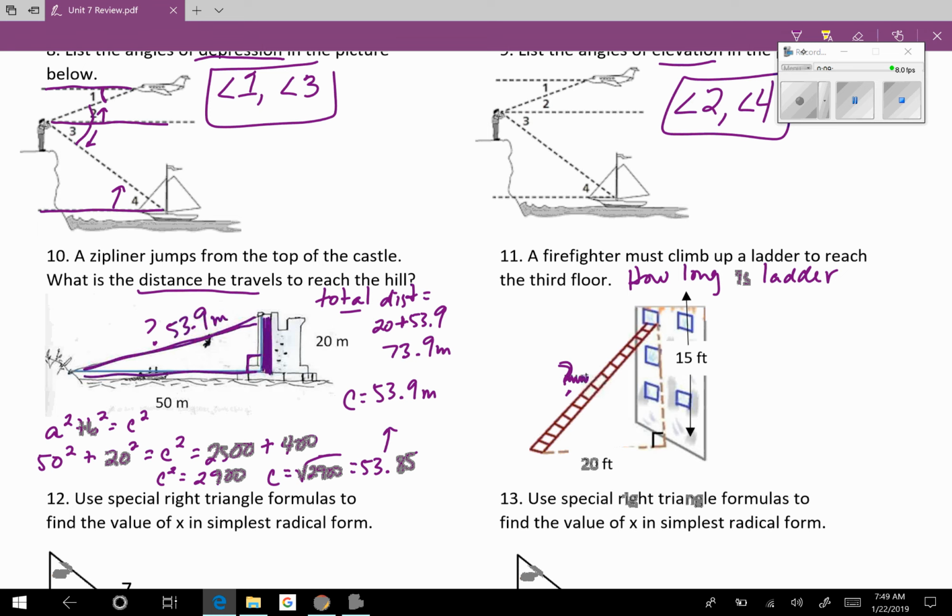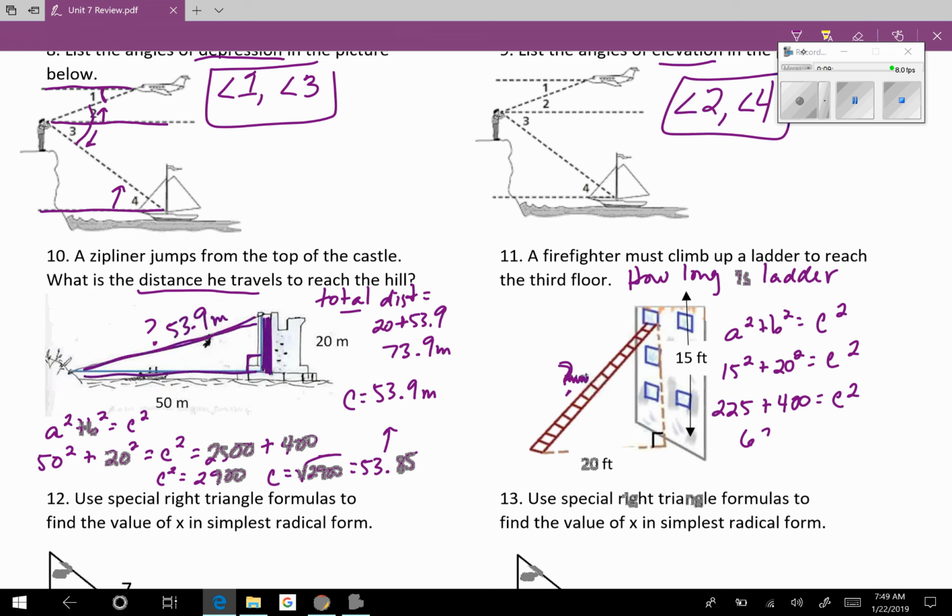We use Pythagorean theorem. So a squared plus b squared equals c squared. So 15 squared plus 20 squared equals c squared. So 15 squared, that's 225, and 20 squared is 400. So 225 plus 400 is 625.